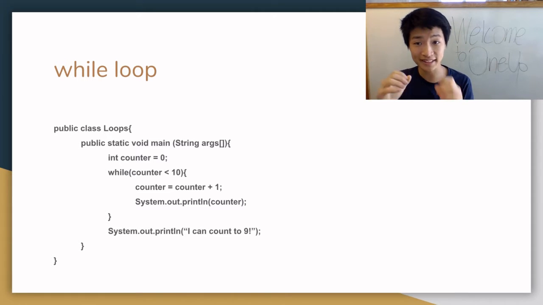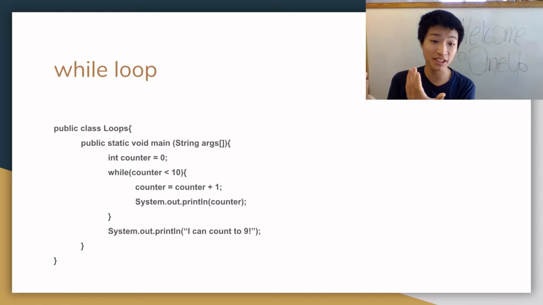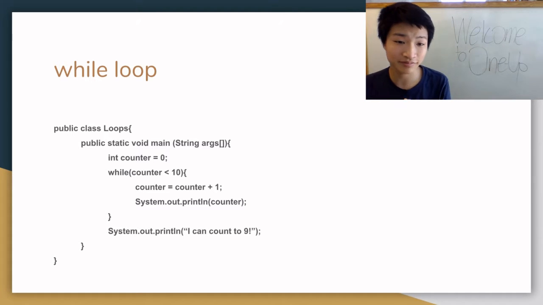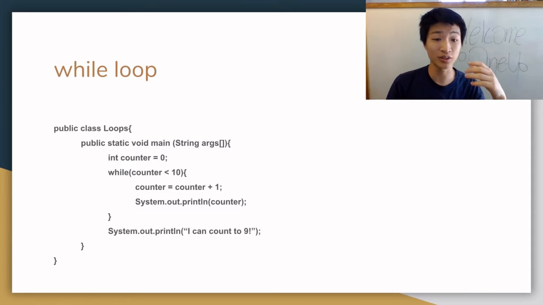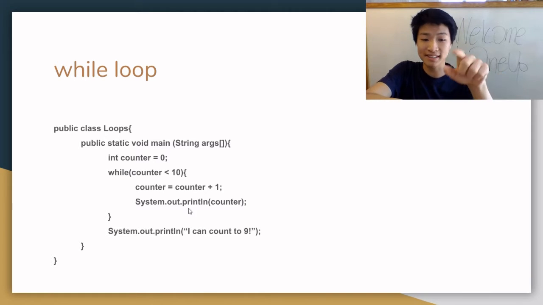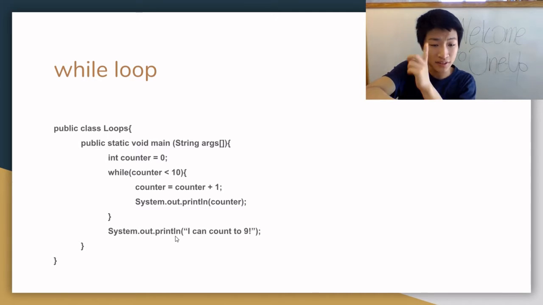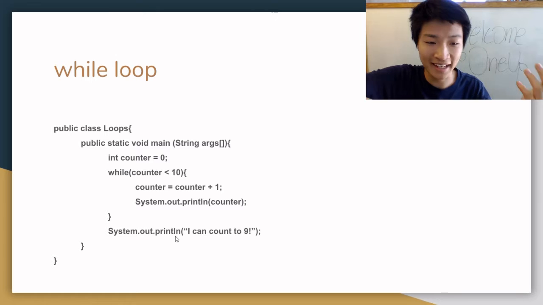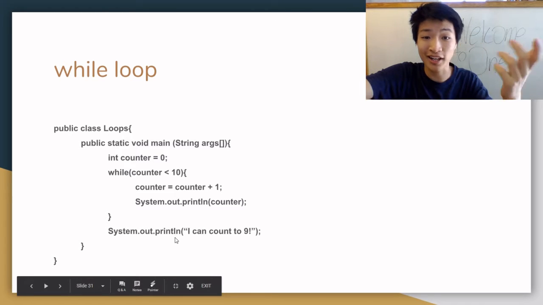Now while that integer variable is less than 10, it'll increase the counter by 1. We've seen that before with assignment operators. It'll increase itself by 1 and then print out itself. And at the very end it can say I can count to 9.